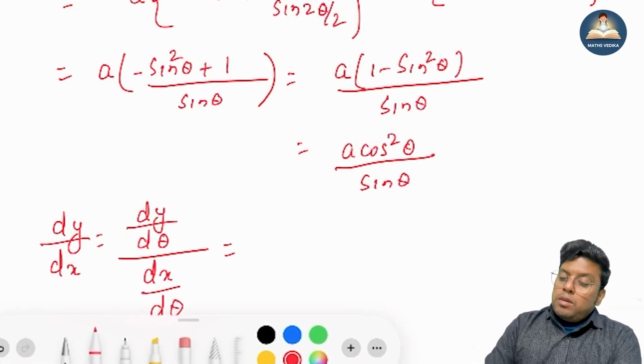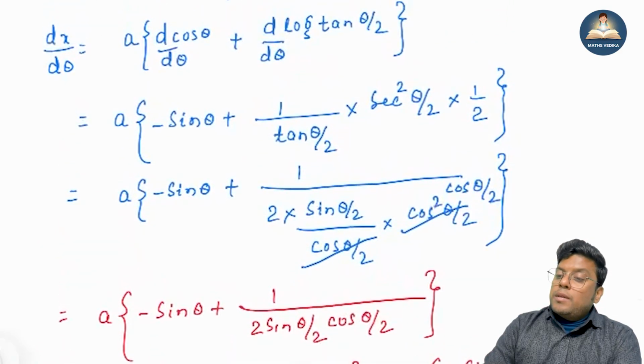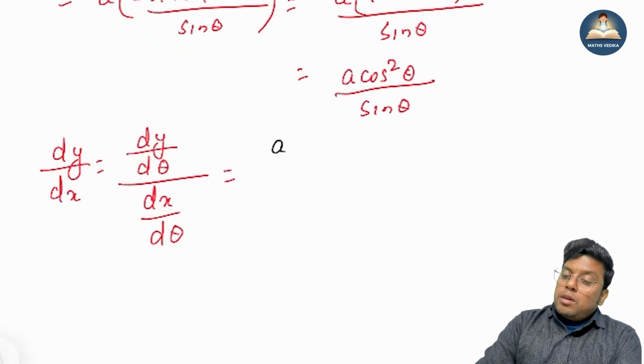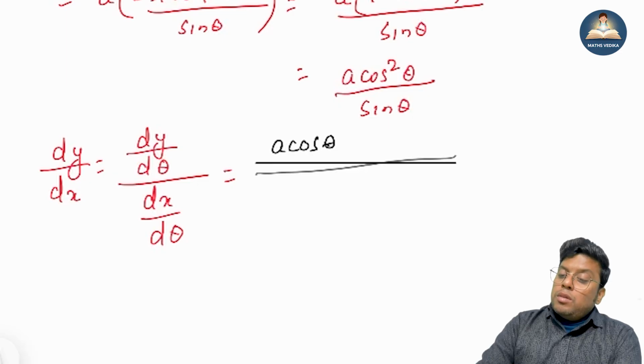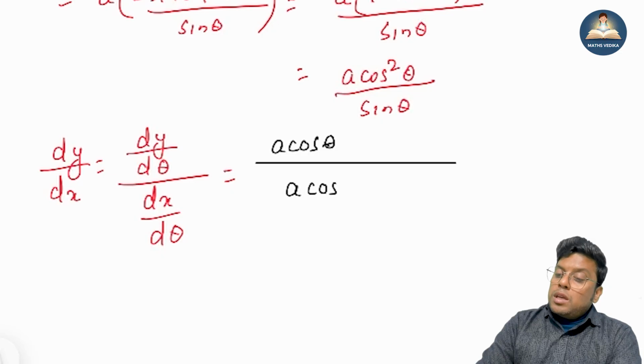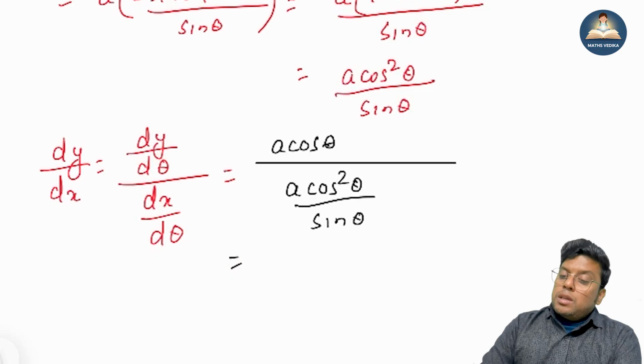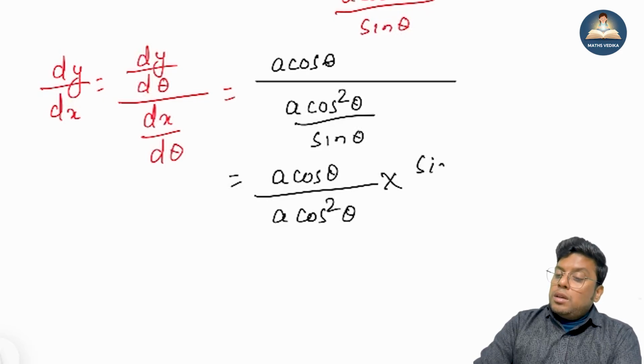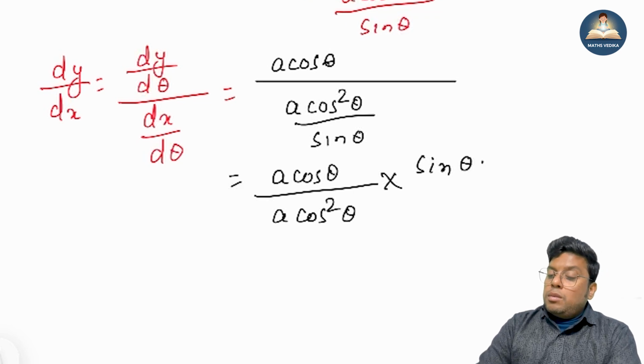So the value of dy by d theta is a cos theta, and the value of dx by d theta is a cos square theta by sin theta, which is equal to a cos theta by a cos square theta, and sin theta will come in the numerator.